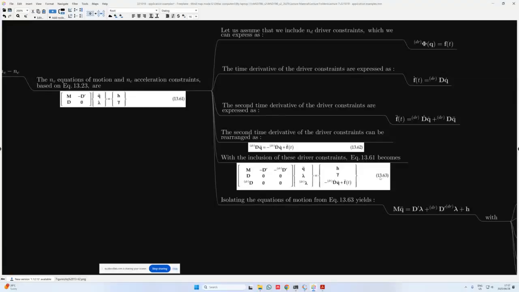So 1361 simply becomes 1363, where we then have our last row matrix, which corresponds to the driver Jacobian and the driver reaction forces in the system.